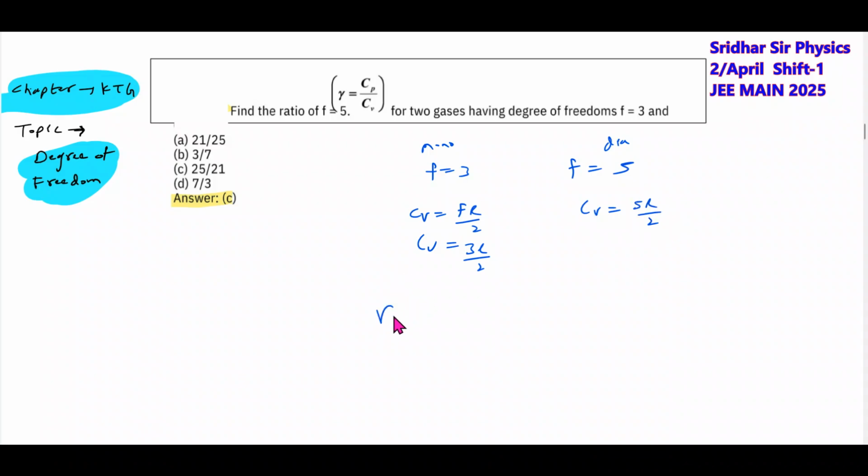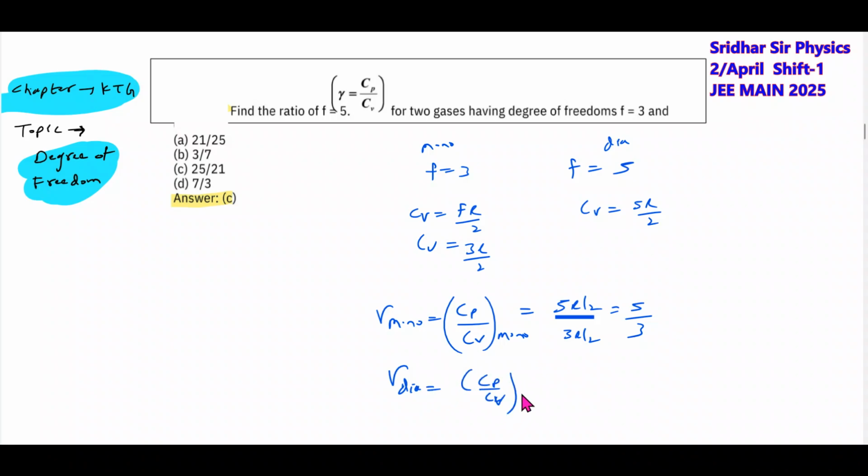Then gamma for monoatomic gas equal to Cp by Cv. Cp will be 5R by 2, Cv will be 3R by 2, so gamma will be 5 by 3. Gamma for diatomic, again Cp by Cv. Cp will be 7R by 2, Cv will be 5R by 2, so 7 by 5.